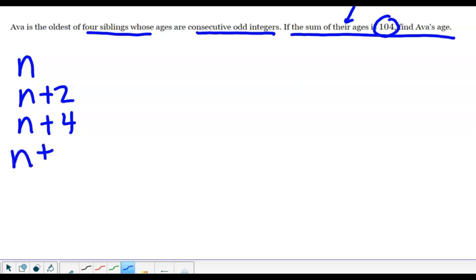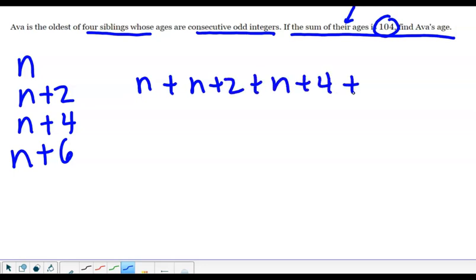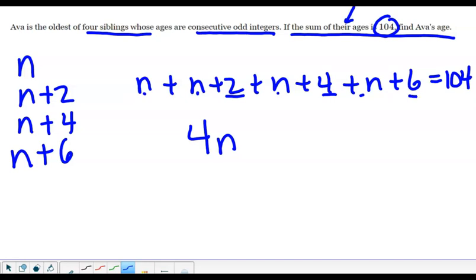So the sum of all their ages would be the first plus the second plus the third plus the fourth is equal to 104. And now I can simplify this left-hand side. I've got 1, 2, 3, 4 n's. And I've got 2 plus 4 is 6, plus another 6 is 12.